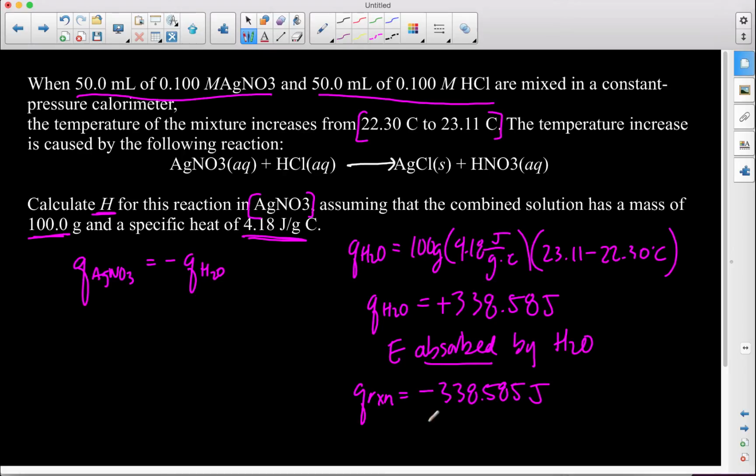Then this is the energy released by the reaction. Okay, we're not done because this is the total amount of energy released by the reaction.